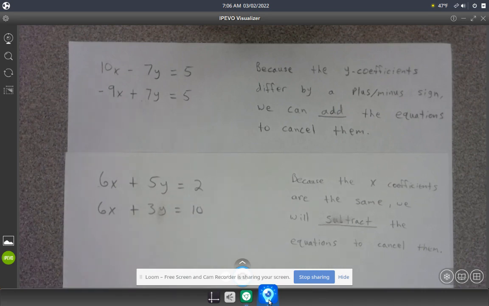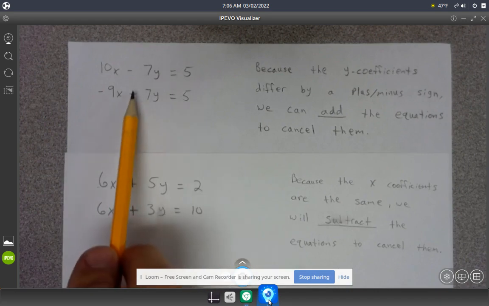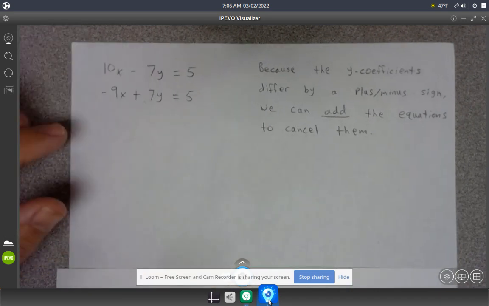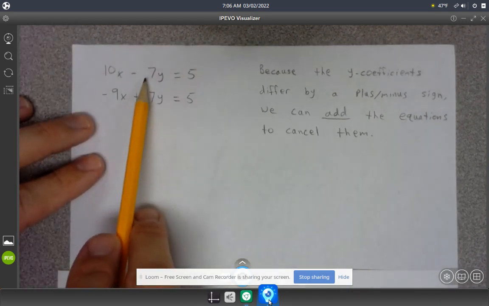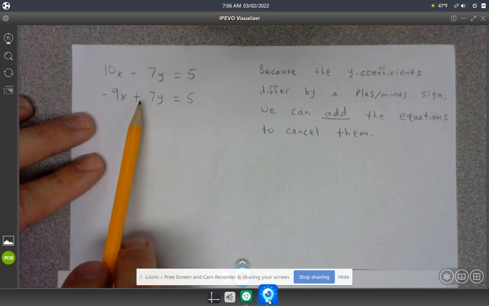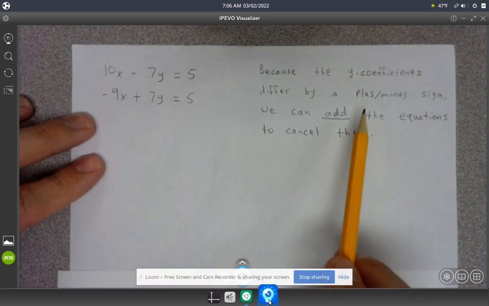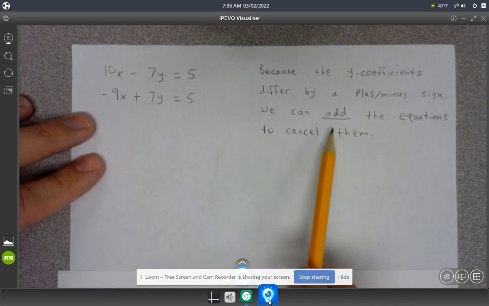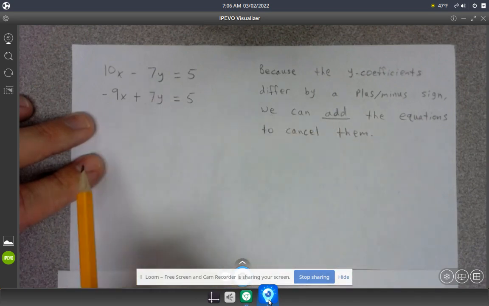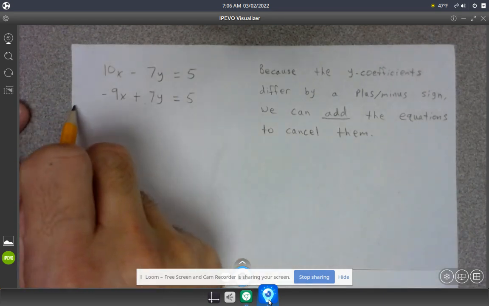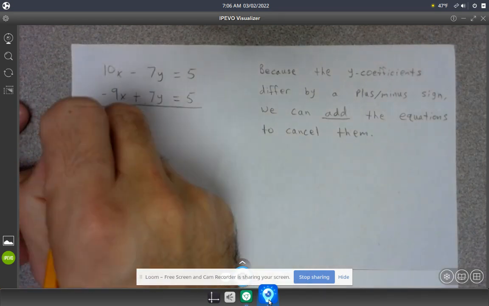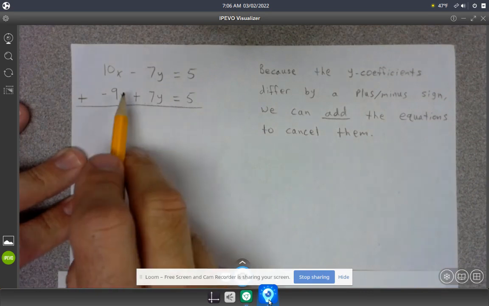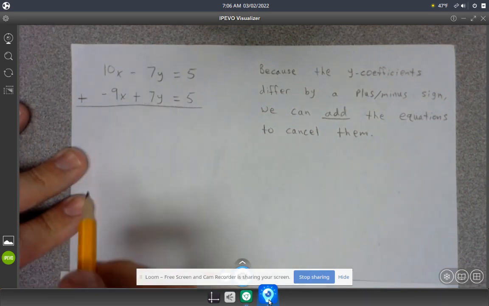Whatever coefficients are quote unquote the same, those are going to be the ones that we try to cancel out somehow. So we'll go ahead and do this equation first, because these coefficients just differ by a plus minus sign, right? They're kind of opposites of each other. We're going to add the equations to cancel out this variable, because one's minus and one's plus.